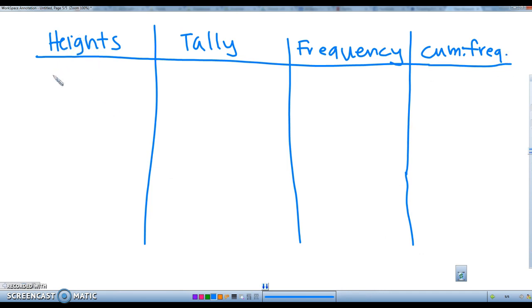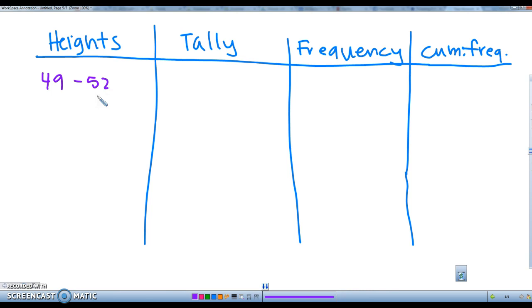So usually it'll break it down into ranges for you. The important thing is that the intervals of the range are the same. So from 49 to 52, that's anything that's 49, 50, 51, 52.